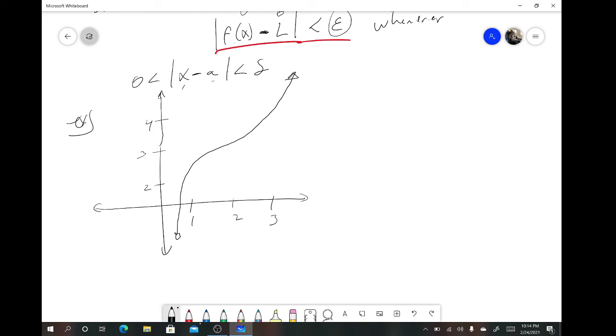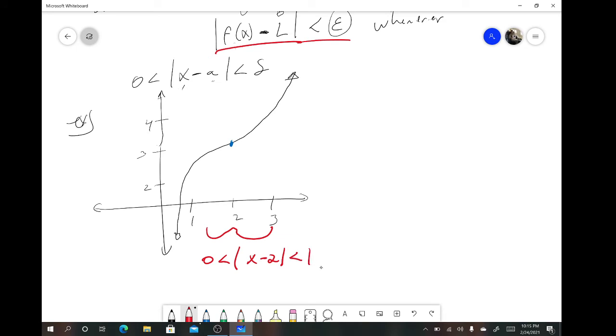So if you were looking at the limit of this particular function as x goes to 2, then the way that the delta epsilon definition works is that you're taking this portion right here. This is the distance that you're making close to 2.